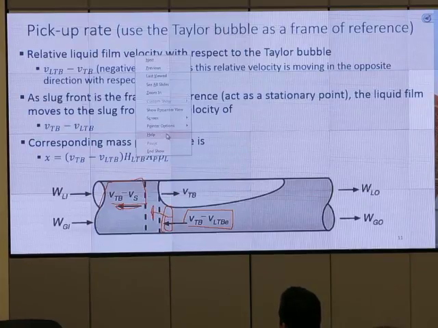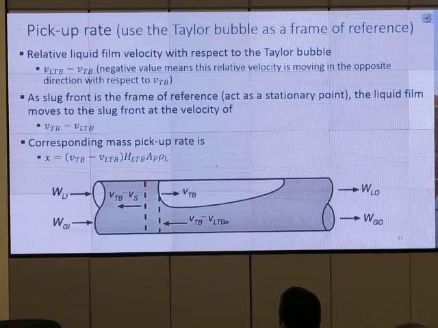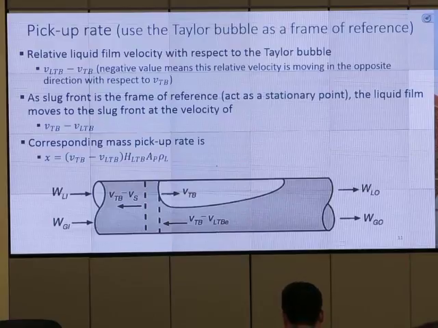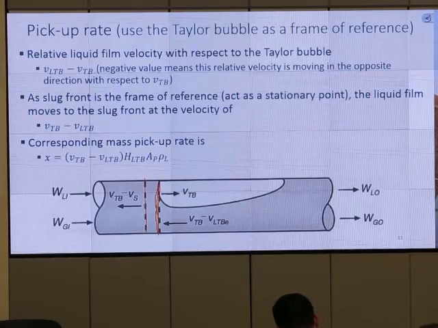Okay, so now we can do a mass balance, right? Can we? Because everything is stationary. When everything is stationary, we can do a mass balance by saying that mass going into this boundary is the same as mass going out. Mass coming in equals mass going out.